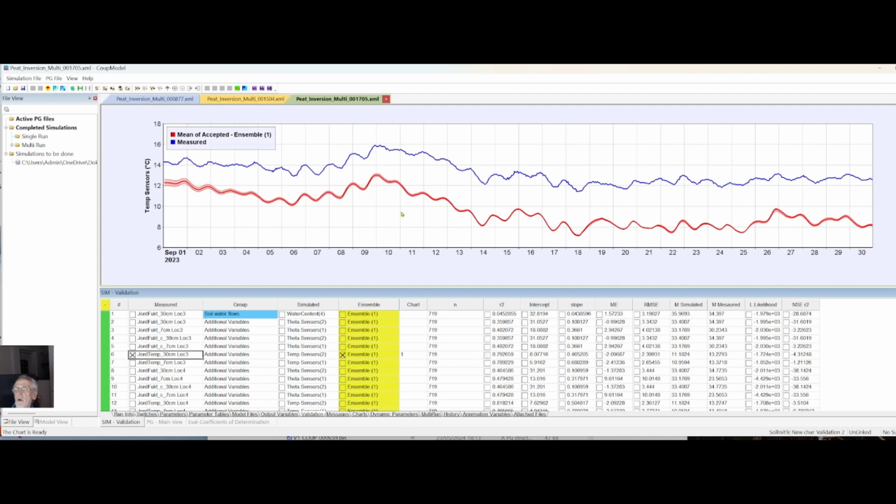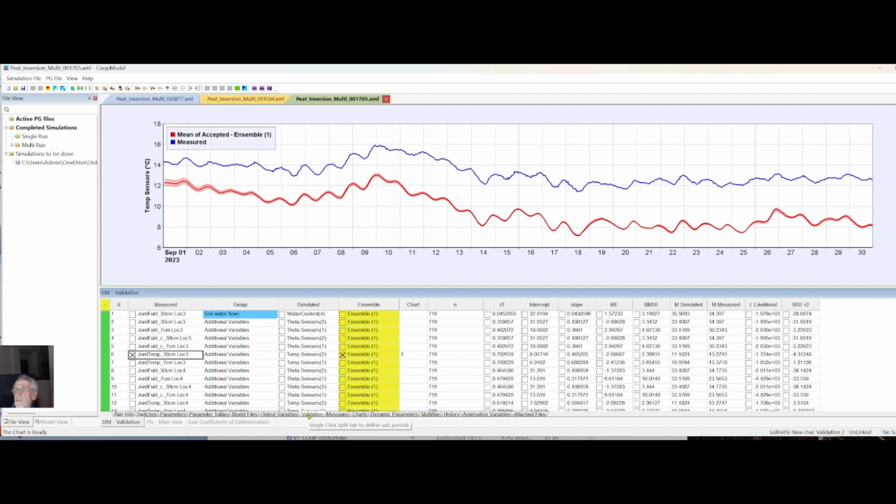Okay, how come? We could explore the model in that, and we could also see how our parameters now correspond to those runs that belong to this ensemble compared to those that we had prior to making any selection.